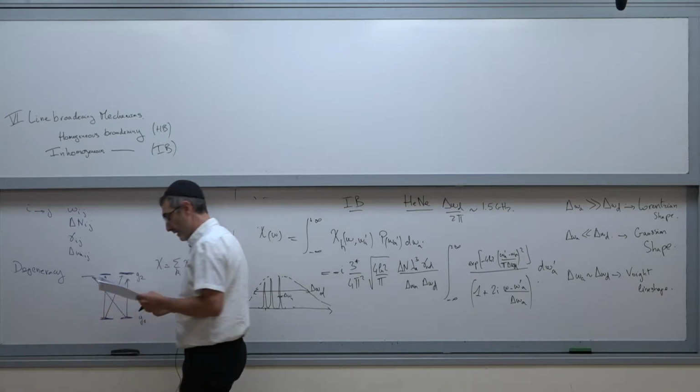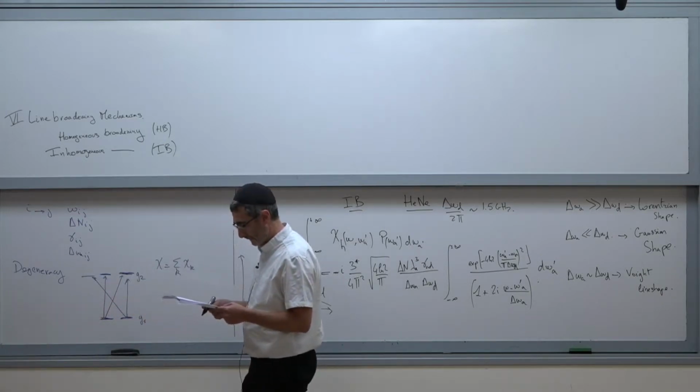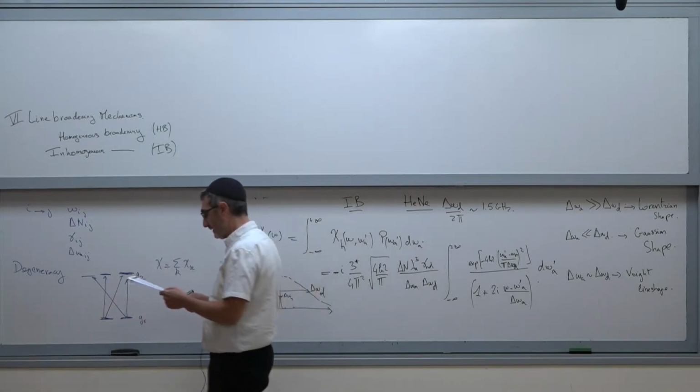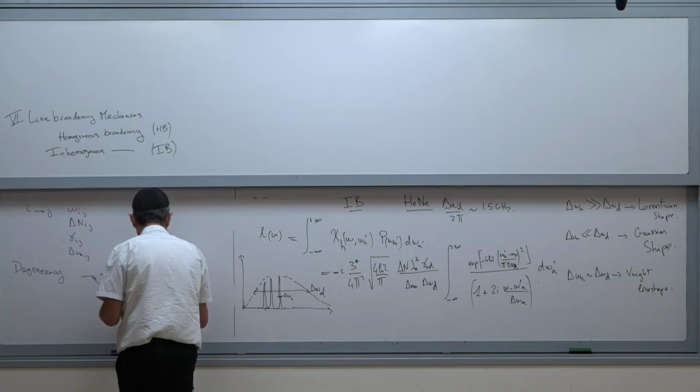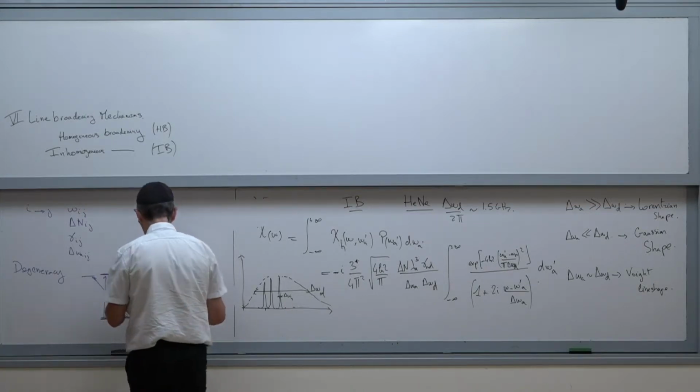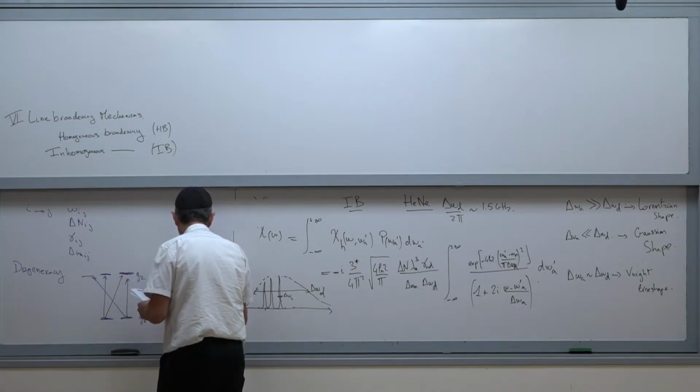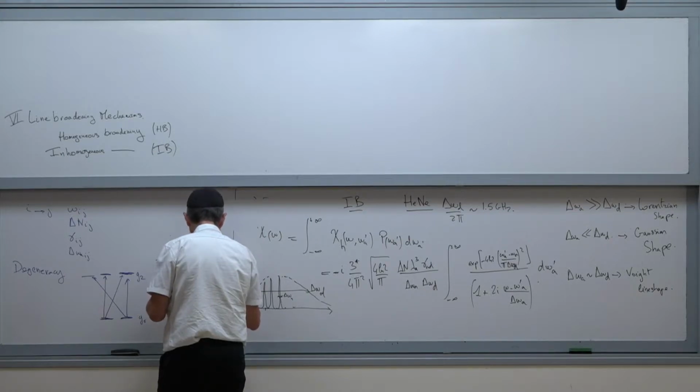And always replace delta n, which we wrote n1 minus n2, by delta n equal g2 over g1 n1 minus n2.